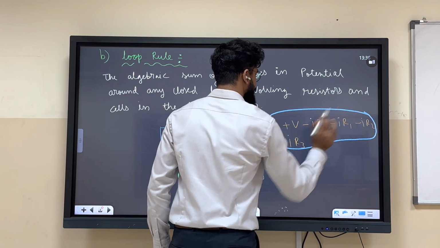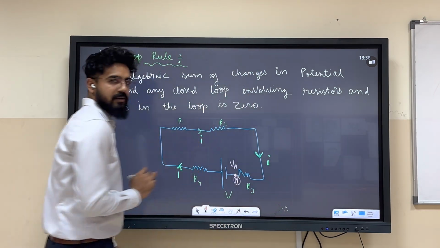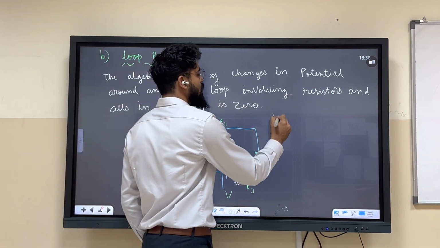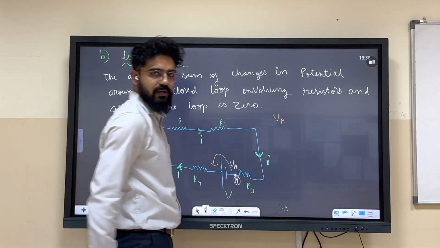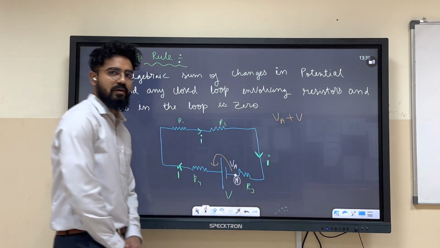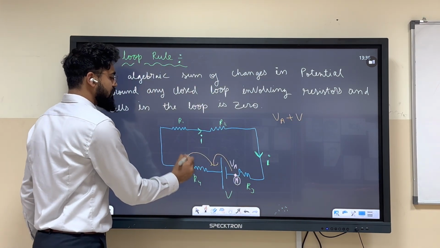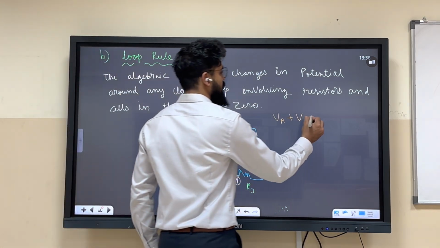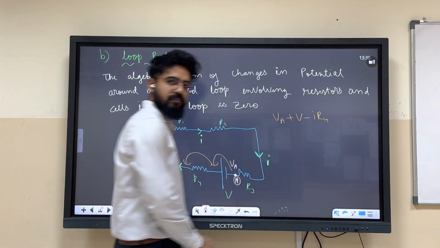Okay? Once again, look, from here potential will increase. Initially potential was VA at this point. Now it will increase by V. When we are jumping from here to here, potential will decrease by I R4, minus I R4.